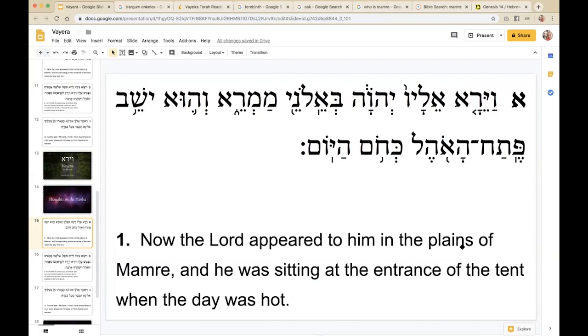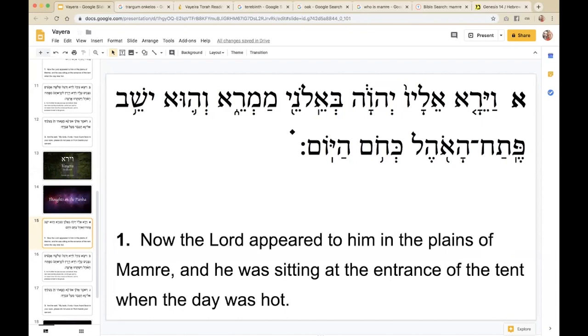In my lesson, I had translated Elonei as oaks of instead of plains of. I was like, wait a minute, why is it translated as plains of? Because I've always known it as oaks of.